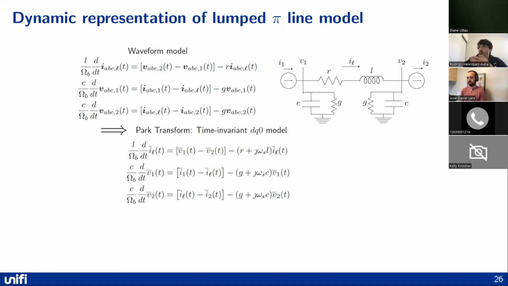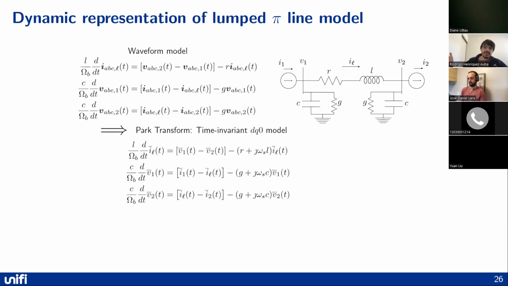One approach is to use the Park transformation, using a constant frequency, to write this model in a DQ0 coordinate system. If you assume that the system is balanced and the network is symmetric, we can eliminate the 0 coordinate, so we end up with this representation.